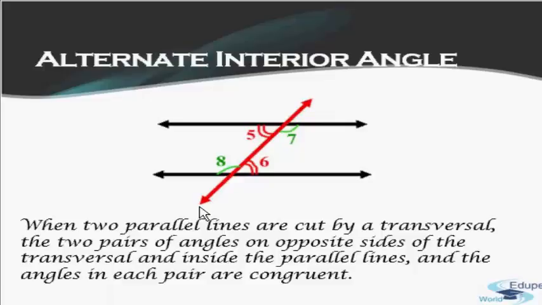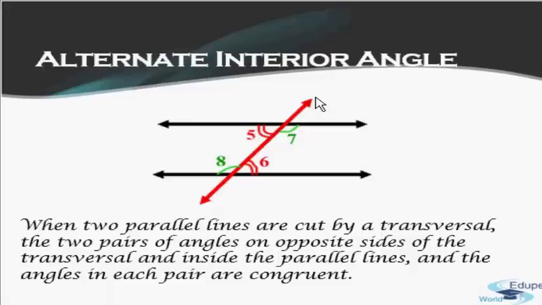After this, 8 angles will be formed: 2 over here, 2 over here, 2 below it, and 2 above it. But we're basically only going to discuss the interior angles here. We'll go through the exterior angles afterwards in the next slides.